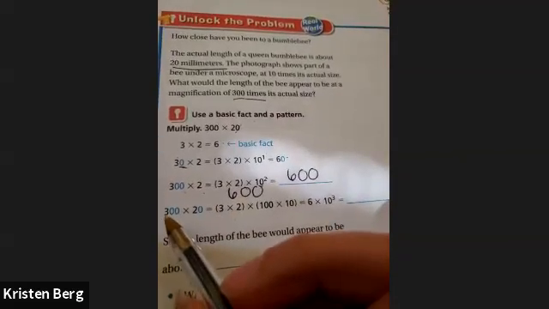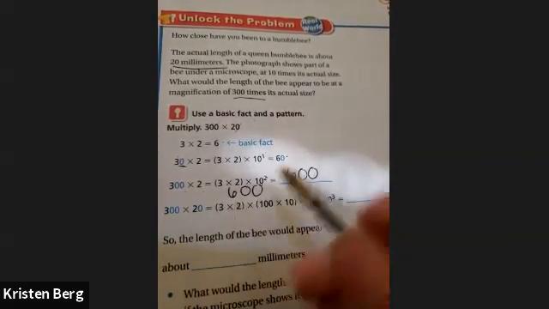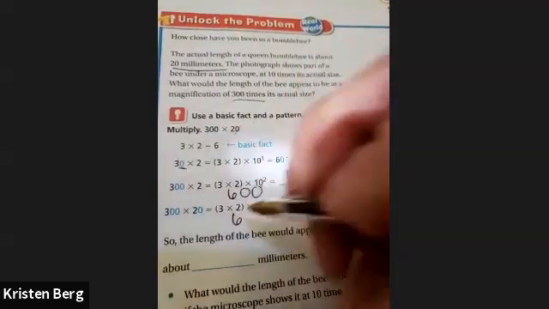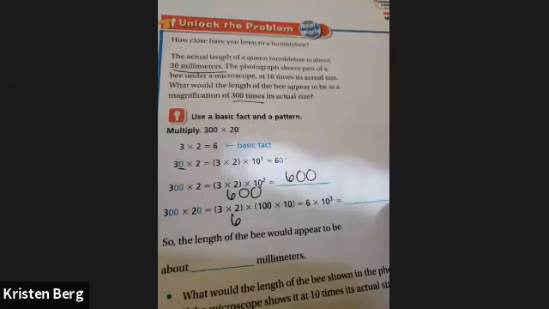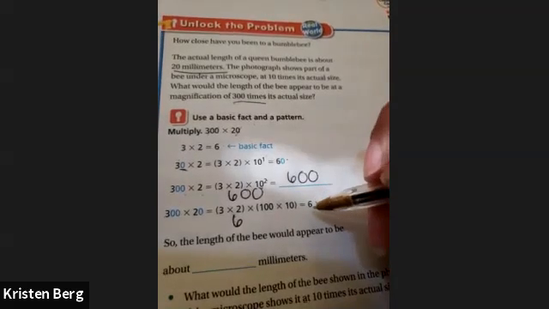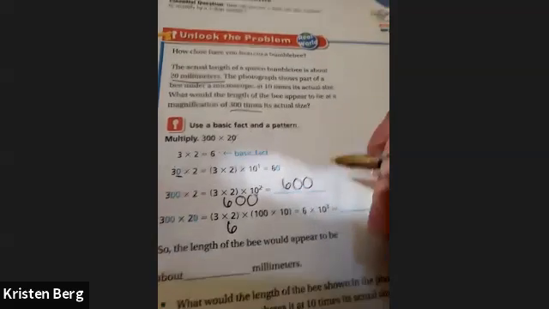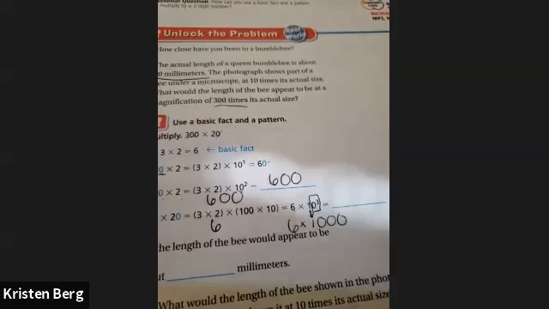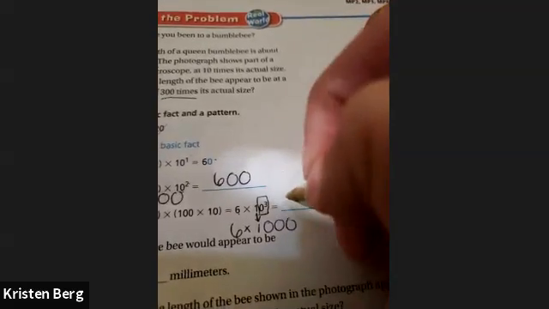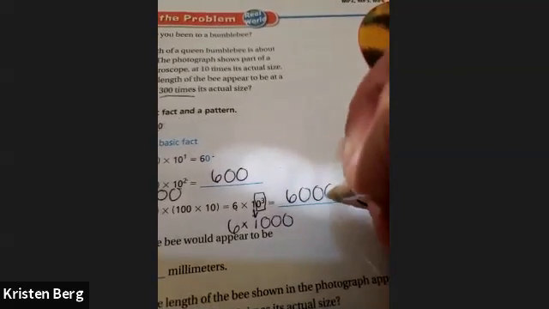So 3 times 2 is 6. And then how many zeros do we have? We have 3. So it's really saying 6 times 10 to the third power. Again, 10 to the third power would be a 1 with 3 zeros. So that is 1,000 times 6. And what is 1,000 times 6? It is 6,000.